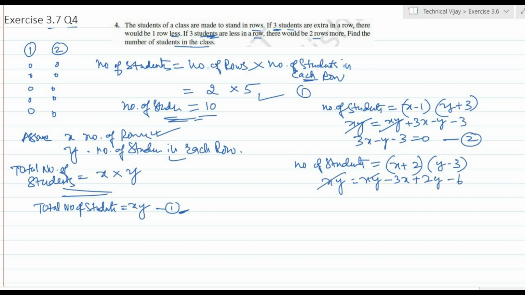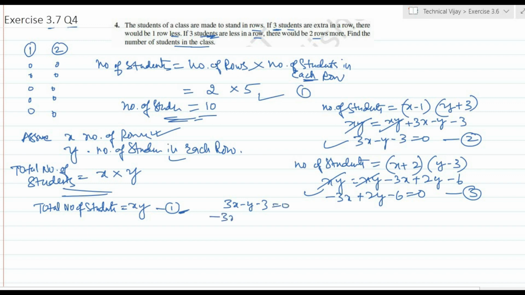This xy gets cancelled. So minus 3x plus 2y minus 6 equal to 0. This is the third equation. So consider equations 2 and 3 now. See here, 3x is plus, 3x is minus. Directly we can add here. So equation number 2 I will write here, 3x minus y minus 3 equal to 0.